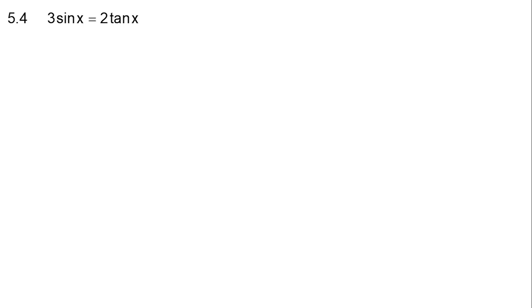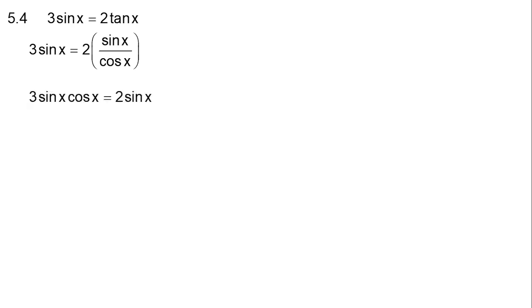And in trigonometry, when we see tan, we change it into sine over cos. So when we do that, we now have a fraction on the right hand side, and to get rid of that fraction, we can multiply by cos x on both sides. And this is the situation that we have.